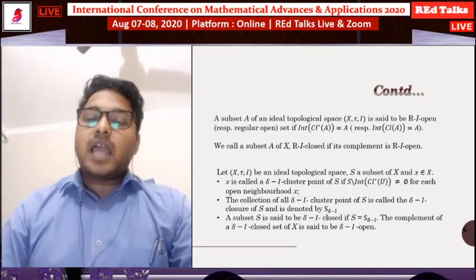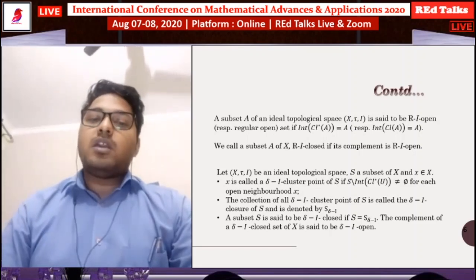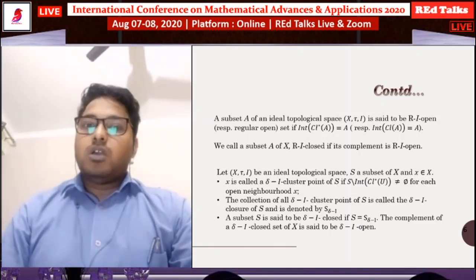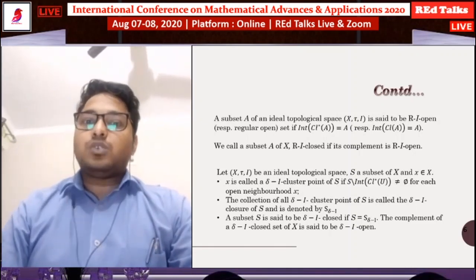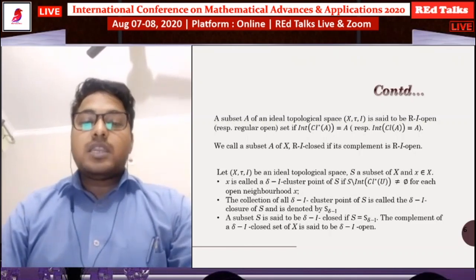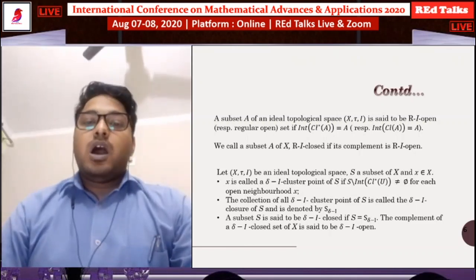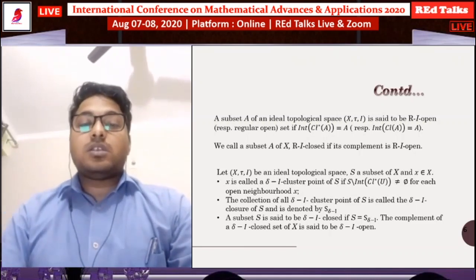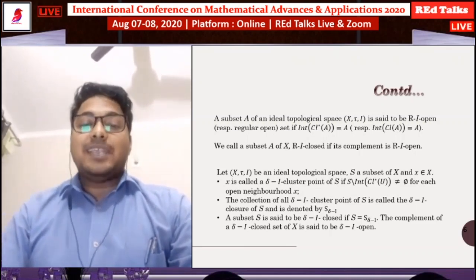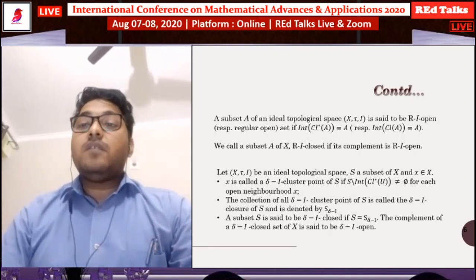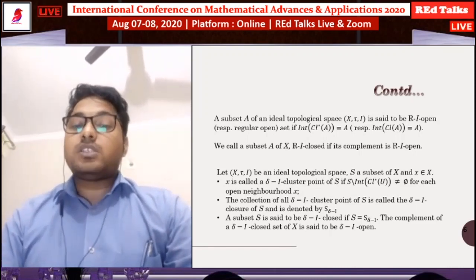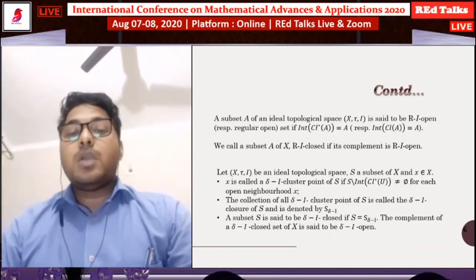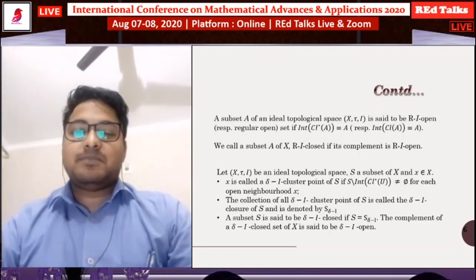To define a delta I open set, we should know what delta I closed sets are, and this is related to the delta I cluster point. A point x is said to be a delta I cluster point of a set S if S intersected with the interior of the closure star of U is non-empty, where U is an open neighborhood of x.